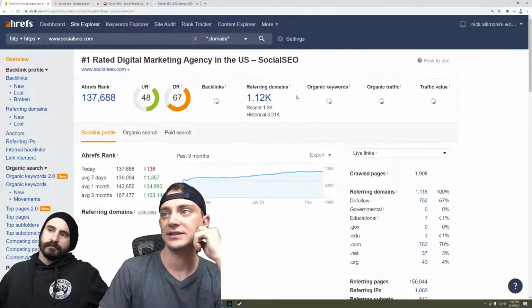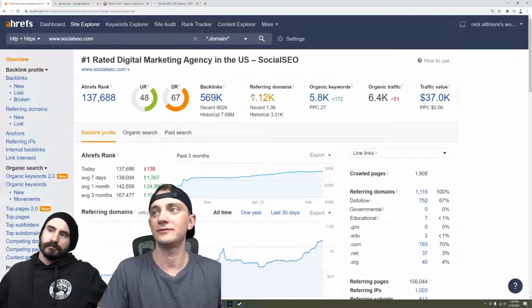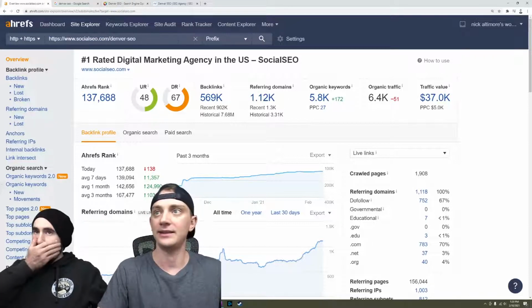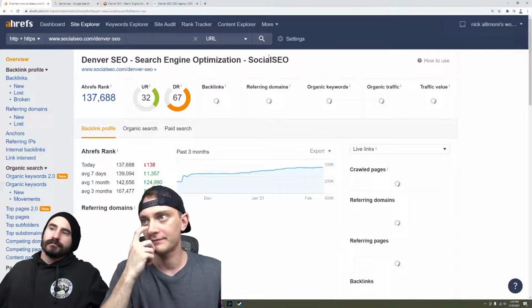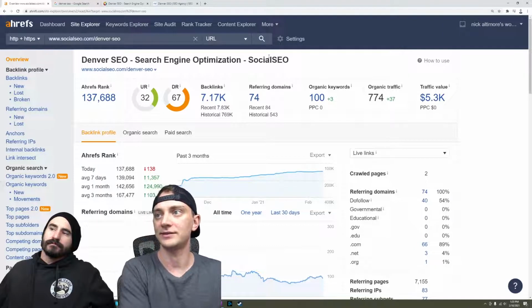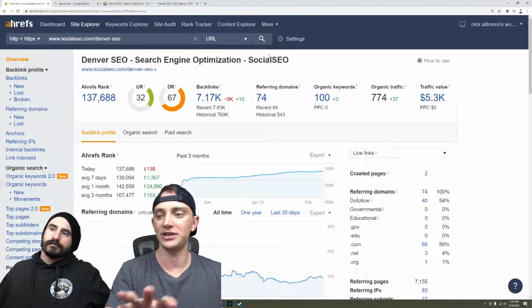So you can see the domain has a total of 1.12K referring domains, and then the inner page has about 74. Those are both things you're going to want to look at to get a quick judge of how they're achieving their rankings.